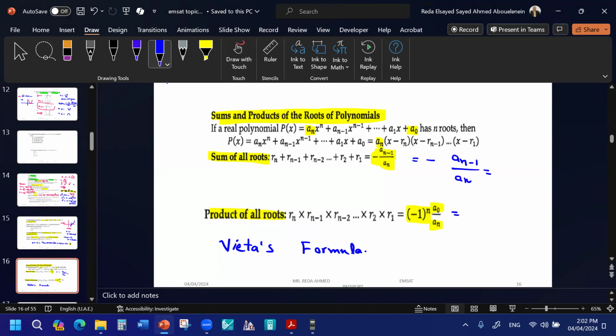Here, the product is negative 1 all to the power n, a naught over an. The last term over the first coefficient. This is the product. The sum is the second coefficient over the first coefficient. Let's call this the Vieta formula.